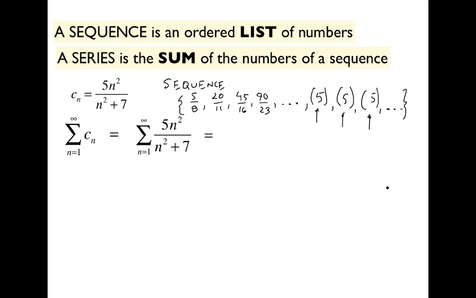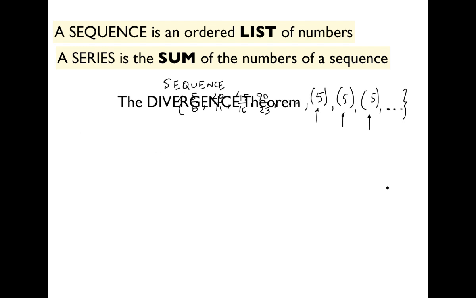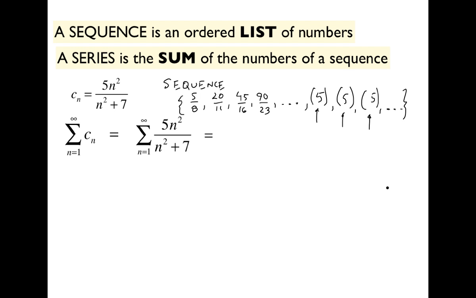You're just going to end up adding basically 5 forever. So this diverges.